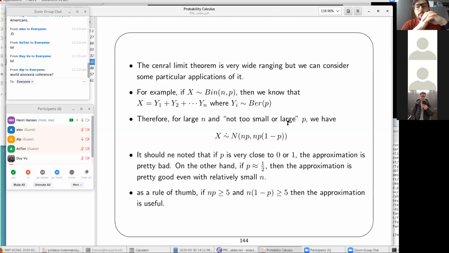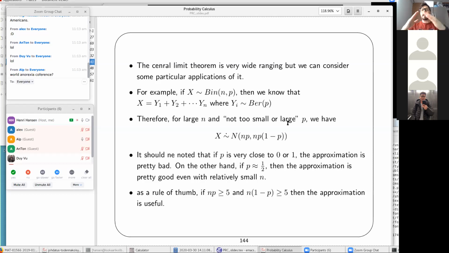It should be noted that this applies for relatively large n and p in the middle range. Remember that if n is very large and p is very small, then it doesn't resemble the normal distribution. It resembles the Poisson distribution.